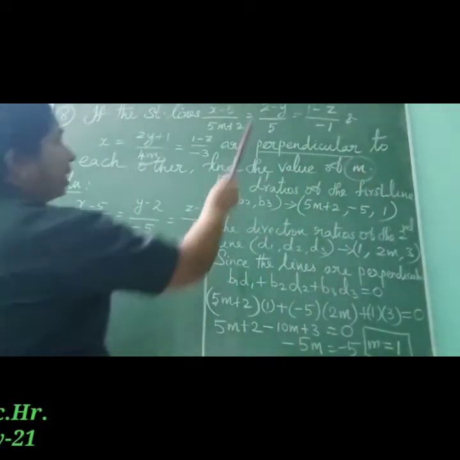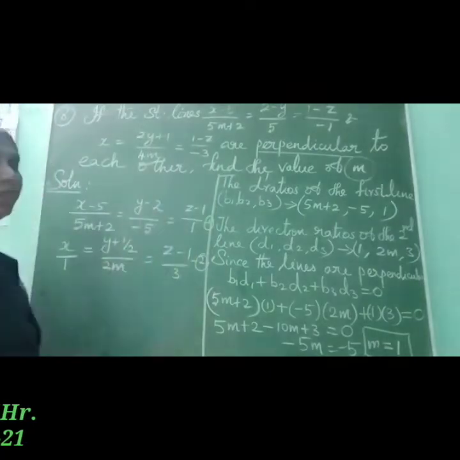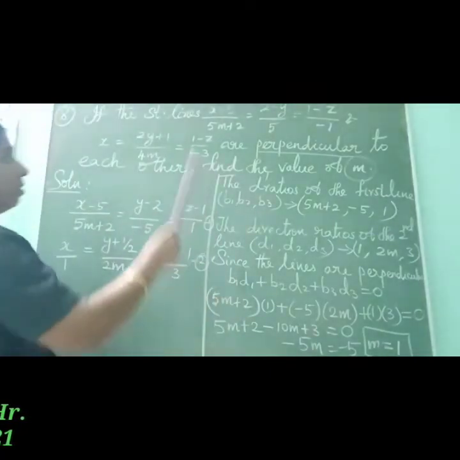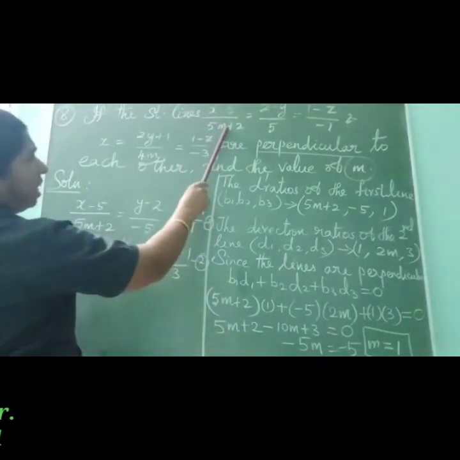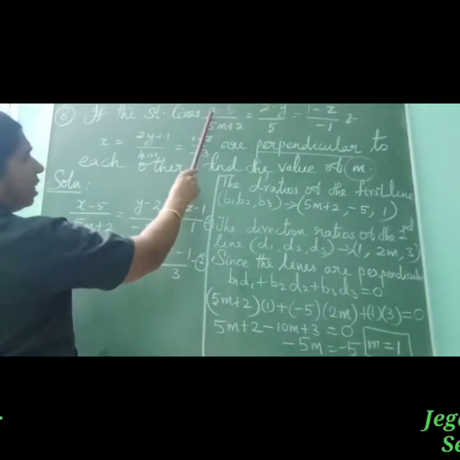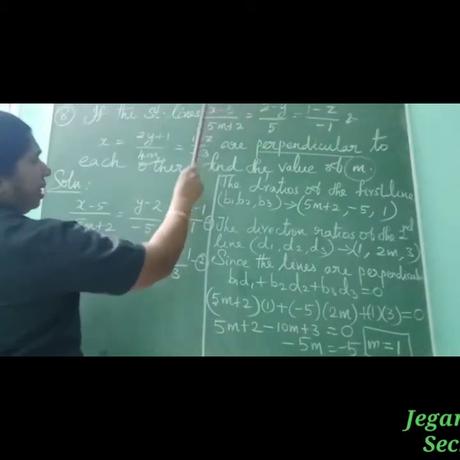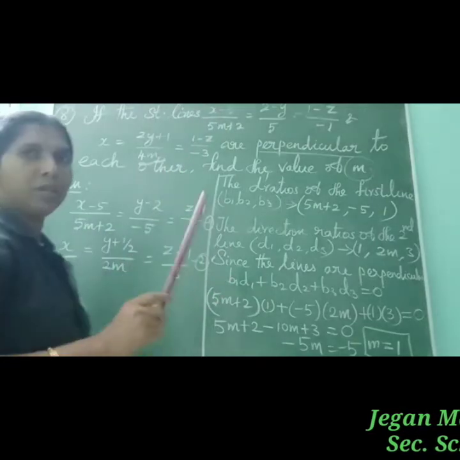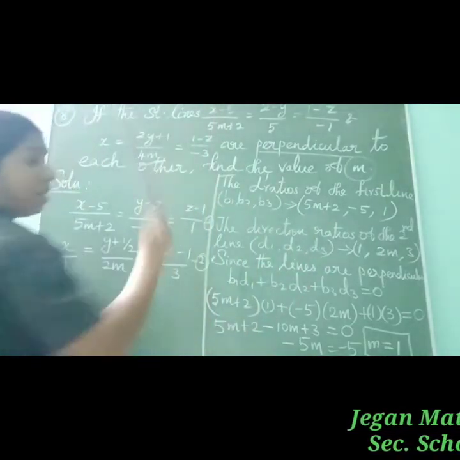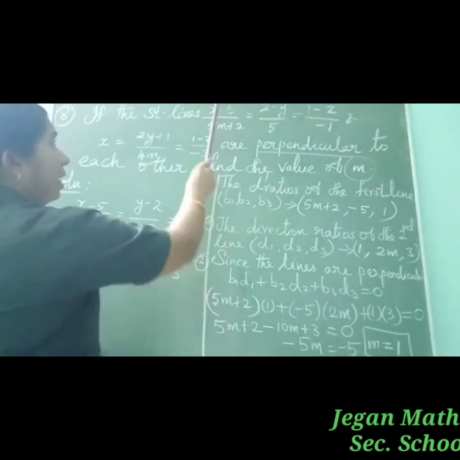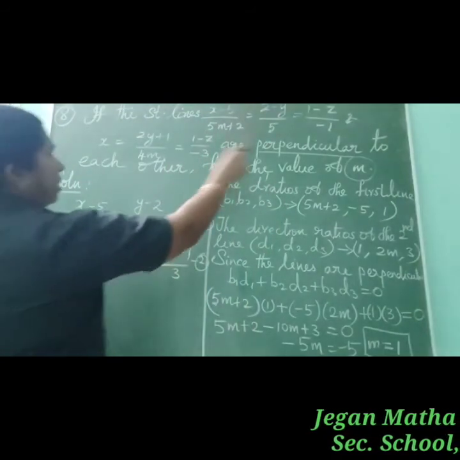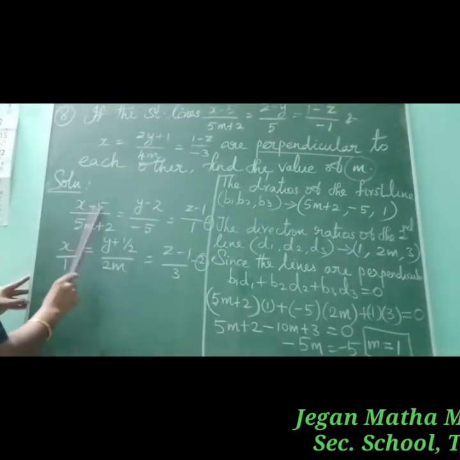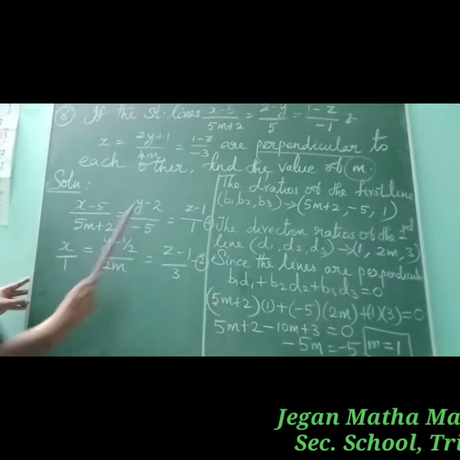First step, we rearrange these two equations. When the equation of a straight line is given, only the variables must be there with the positive sign, only the variable without any coefficient; that is, 1 must be the coefficient. So the first equation can be written as (x minus 5) divided by (5m plus 2).